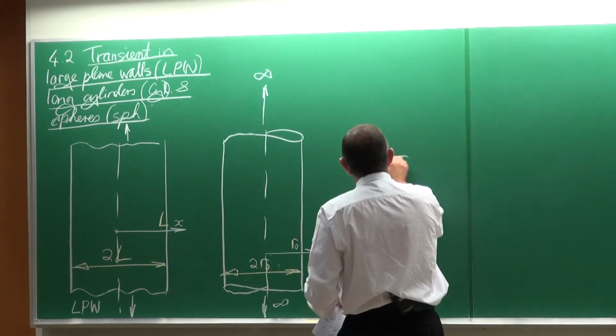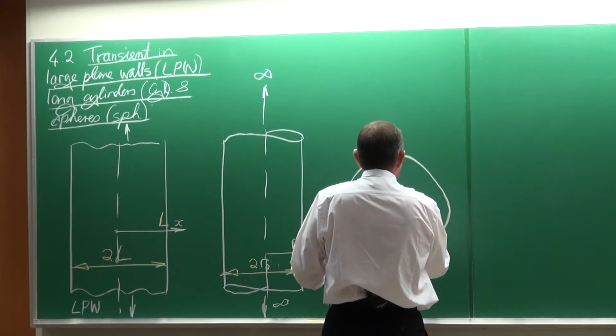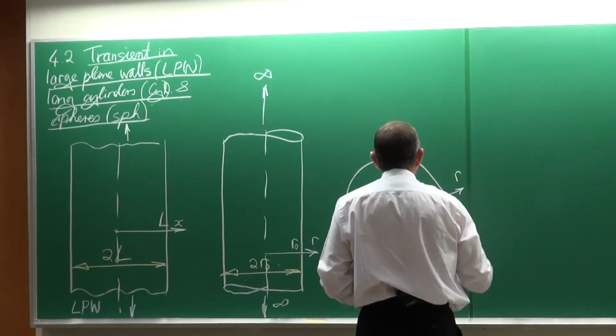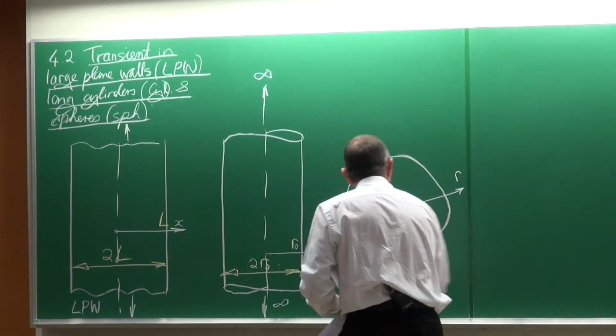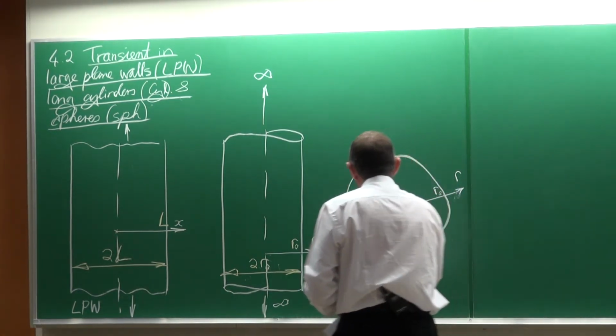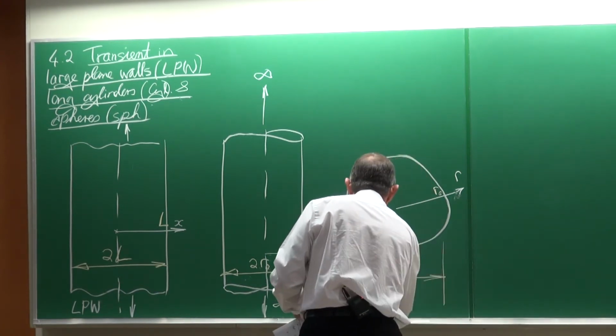The third type of body is a sphere. And in a sphere, again, that is r, and that is equal to r0, and the diameter of the sphere is 2 times r0.